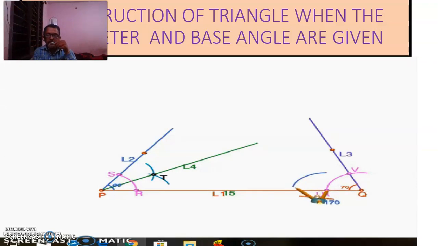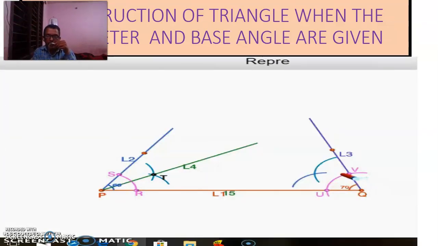Cut the arc from the point V with the same radius by using compass. You will get an intersection point, that is Z.